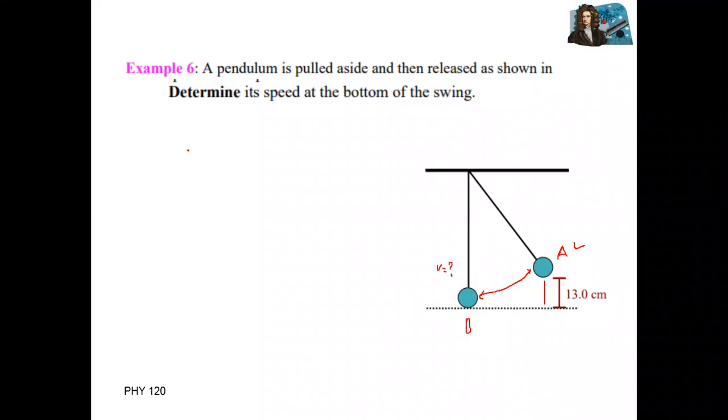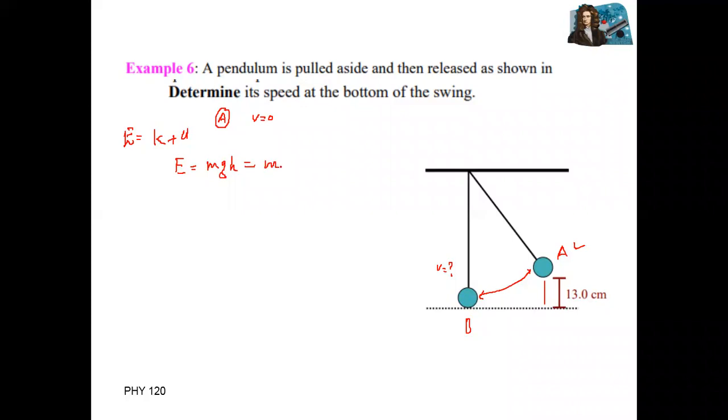How can we find it? Using mechanical energy, the law of conservation of energy. The total energy or mechanical energy of a system is equal to kinetic energy plus potential energy. At position A, velocity is equal to 0 because there is no motion. This body is at rest. So we only have potential energy equal to mgh.